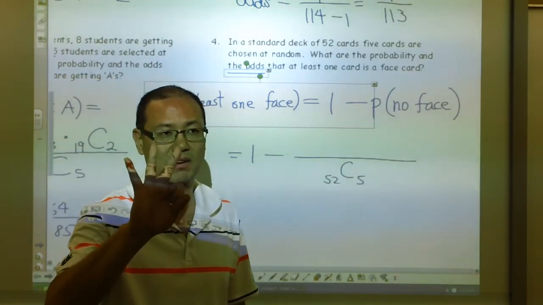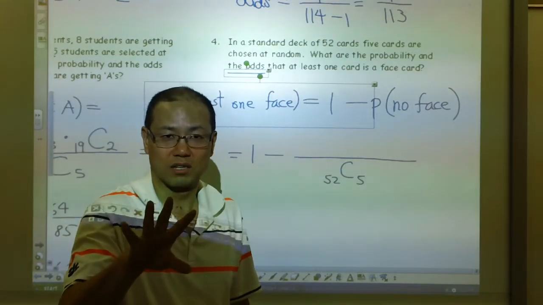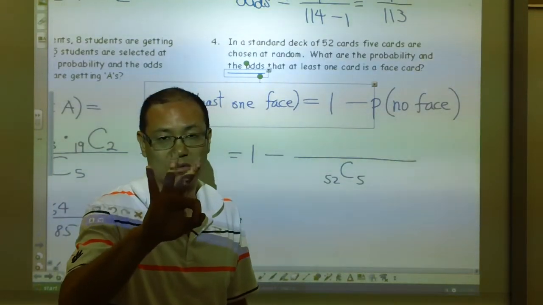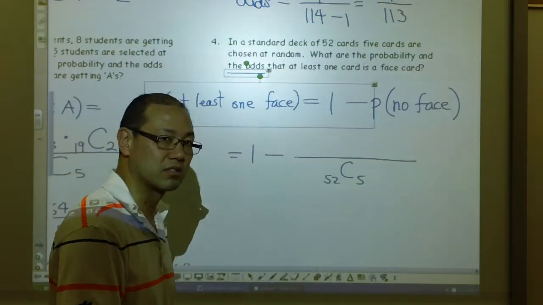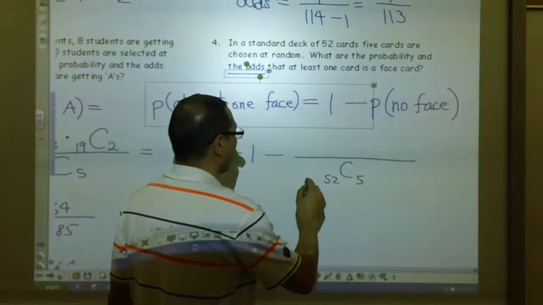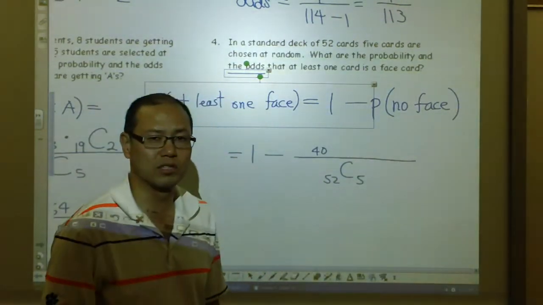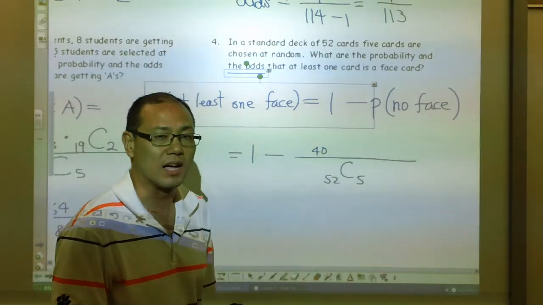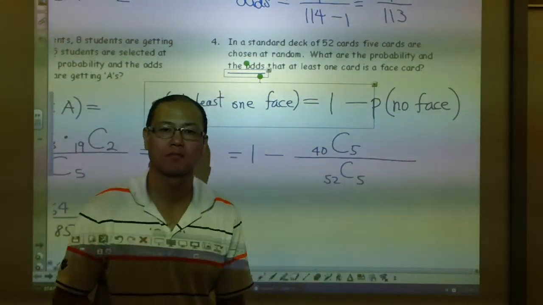These are the 3 face cards, but in each suit there's 3 of those: diamonds, hearts, clubs, and spades. So there's 12 face cards, which means the remaining 52 minus 12, which is 40. You are asking out of the 40 non-face cards, how many different ways can I choose 5 at a time?